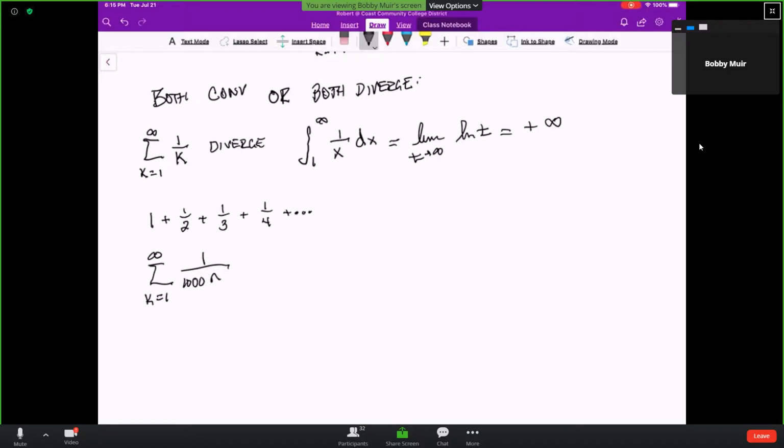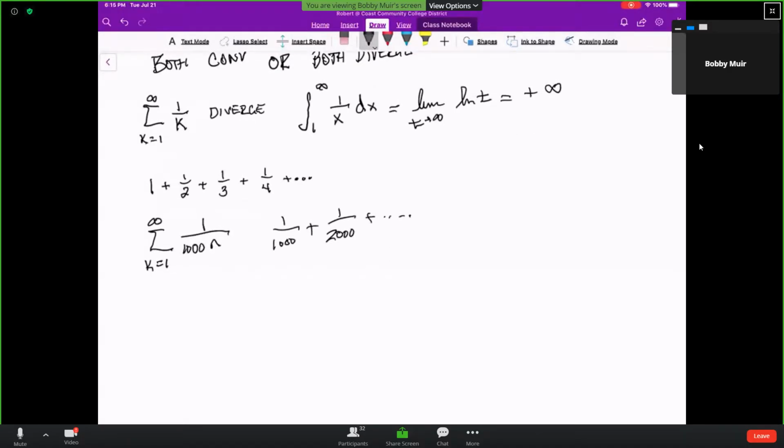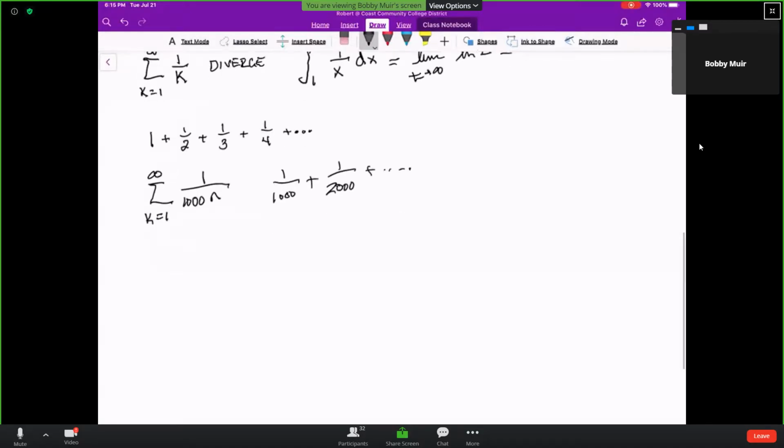Now what we have is, k equals 1, it's going to be 1 over 1,000 plus 1 over 2,000 plus. So one might think that, well, maybe this guy has a chance to converge because these numbers are a lot smaller than the other numbers. And there's a whole bunch of numbers in between 1 over 1,000 and 1 over 2,000 that we're not having to add up.